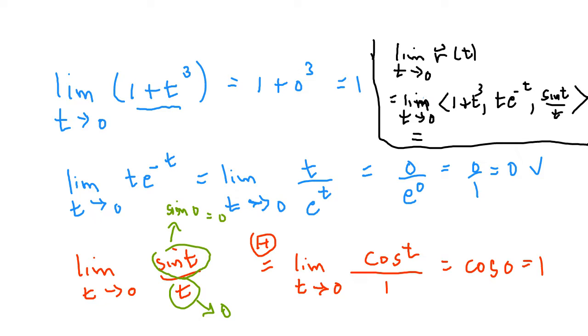And that's just going to equal the vector 1, 0, and 1, which also happens to be equal to i plus k.